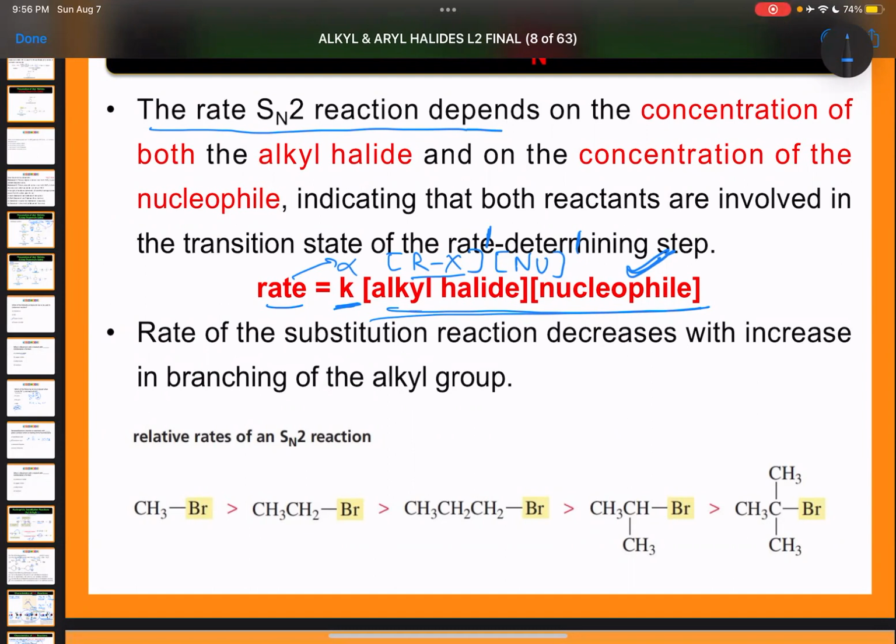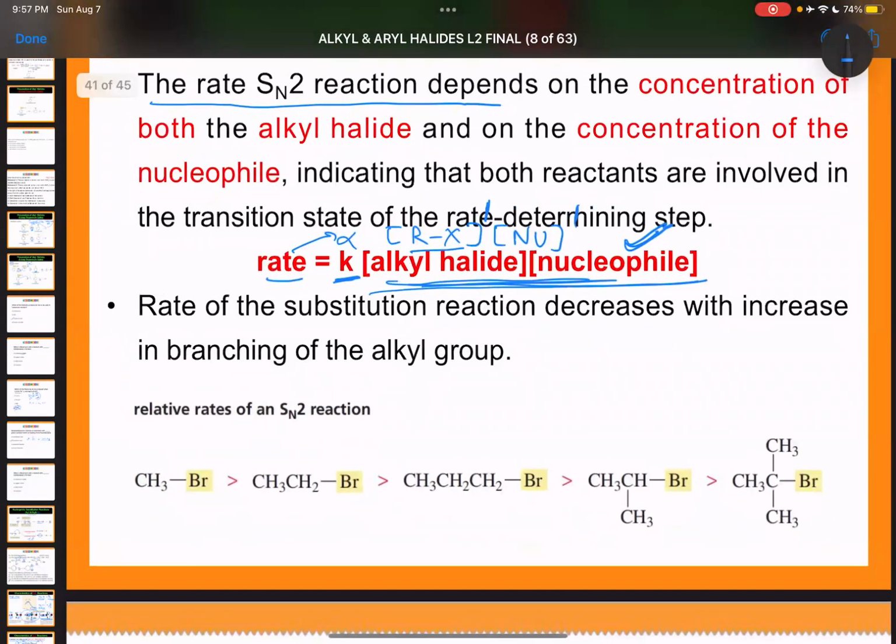And if you double the concentration of both alkyl halide and the nucleophile, then the rate of SN2 will become 4 times, because twice into twice. If you increase both of their concentrations, it will become four times.